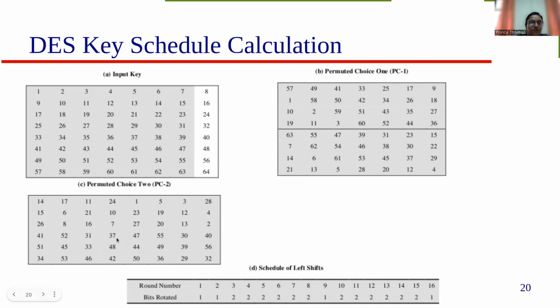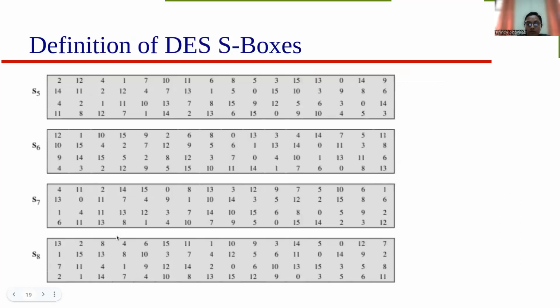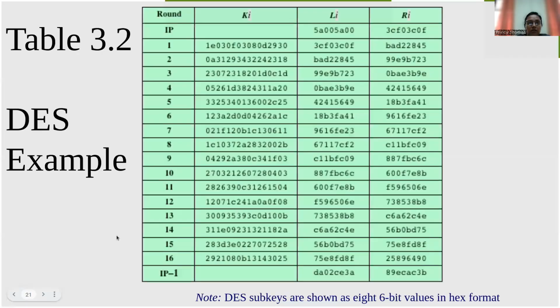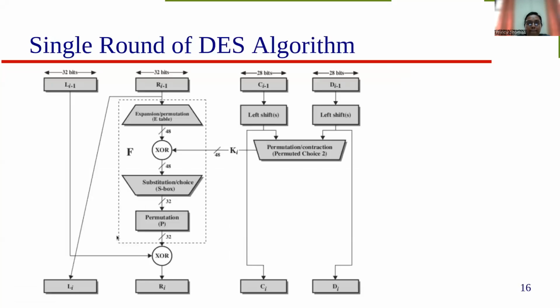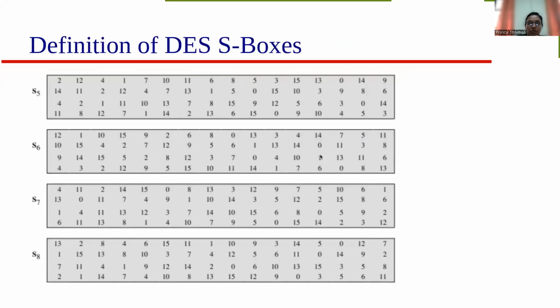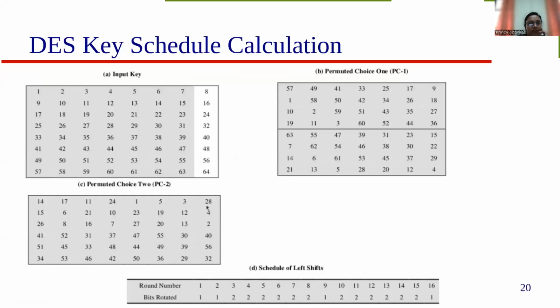This is the 56 bits which is being given here. Okay, this left shift is being done. After one left shift, some values will be lost. I will show you here.